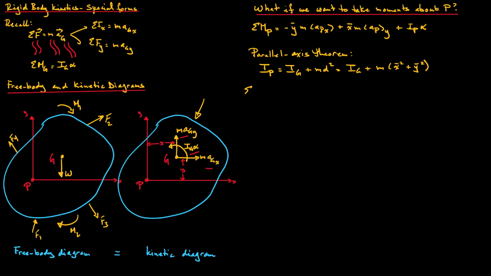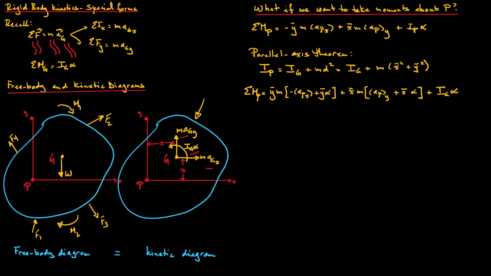And what this will give us is the sum of the moments about point P is equal to y bar multiplied by the mass multiplied by the negative of the x component of acceleration plus y bar alpha, plus x bar m multiplied by the y component of acceleration at point P plus x bar alpha, plus Ig alpha.